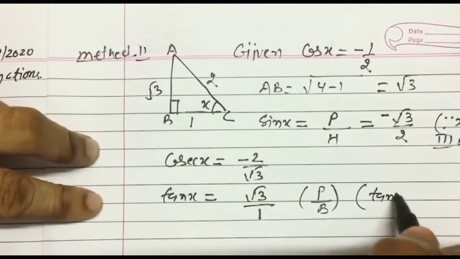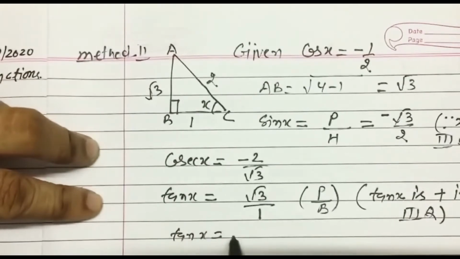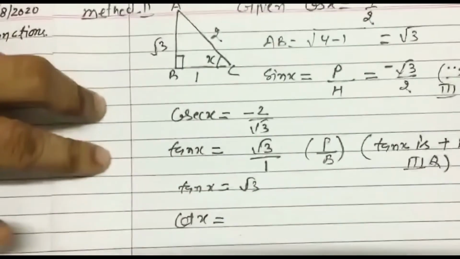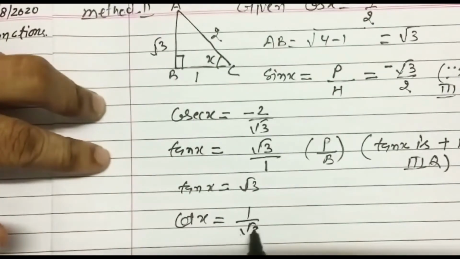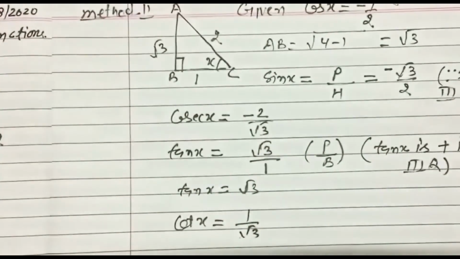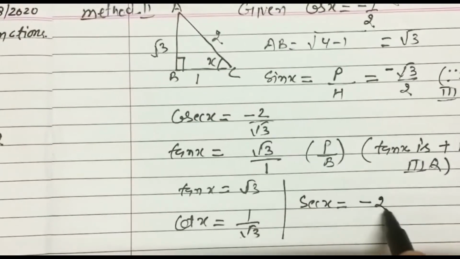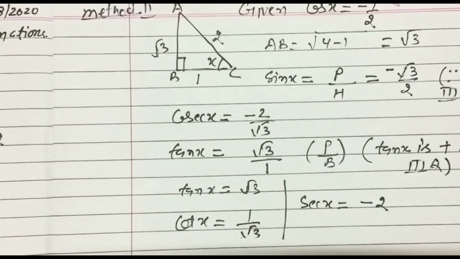And tan x is positive in the third quadrant, so the answer is tan x equal to root 3. And now cot x is equal to 1 by root 3. Cos is given, so the reciprocal of cos is sec. Here sec x is equal to minus 2. So by the triangle method also you can find all the trigonometric functions.